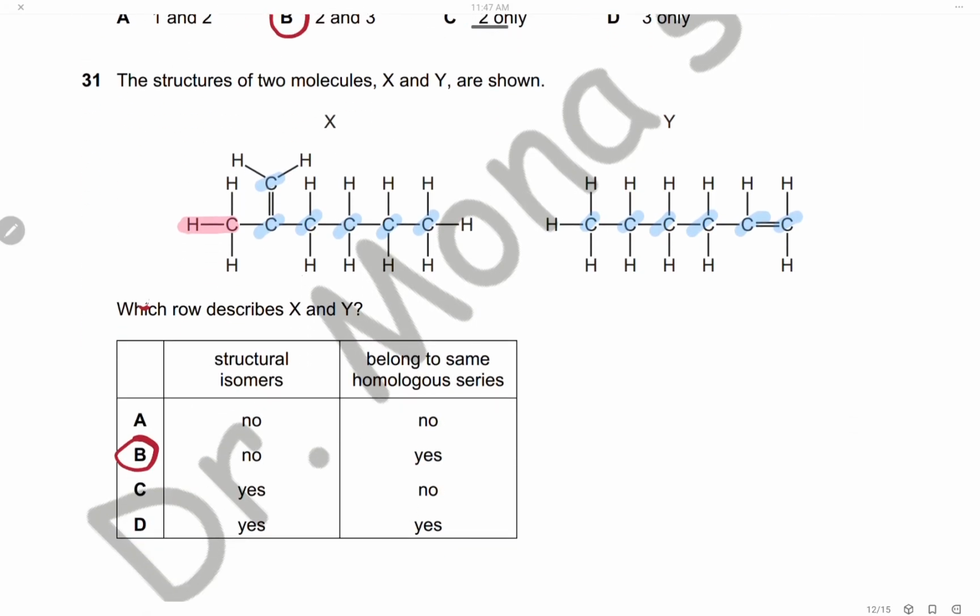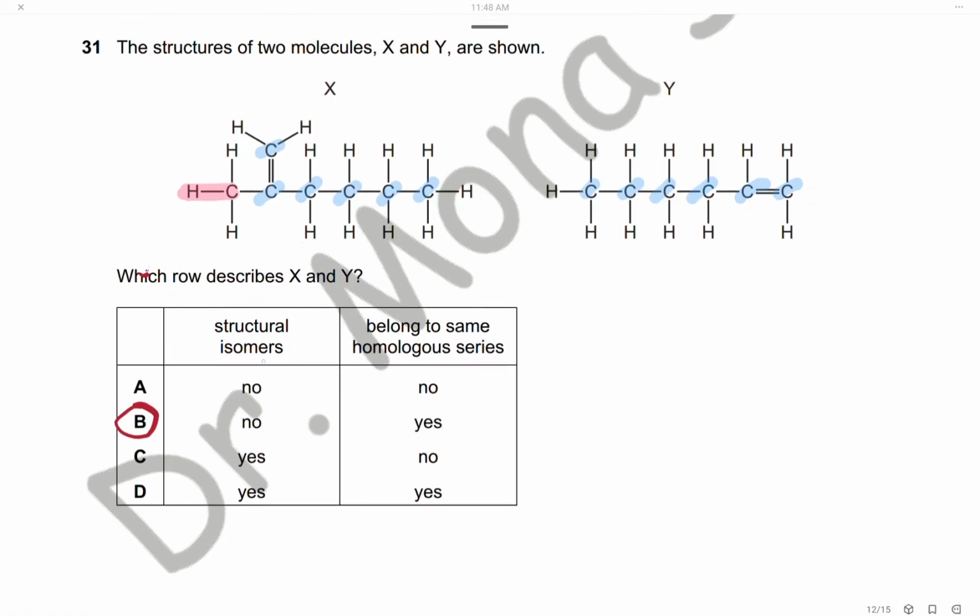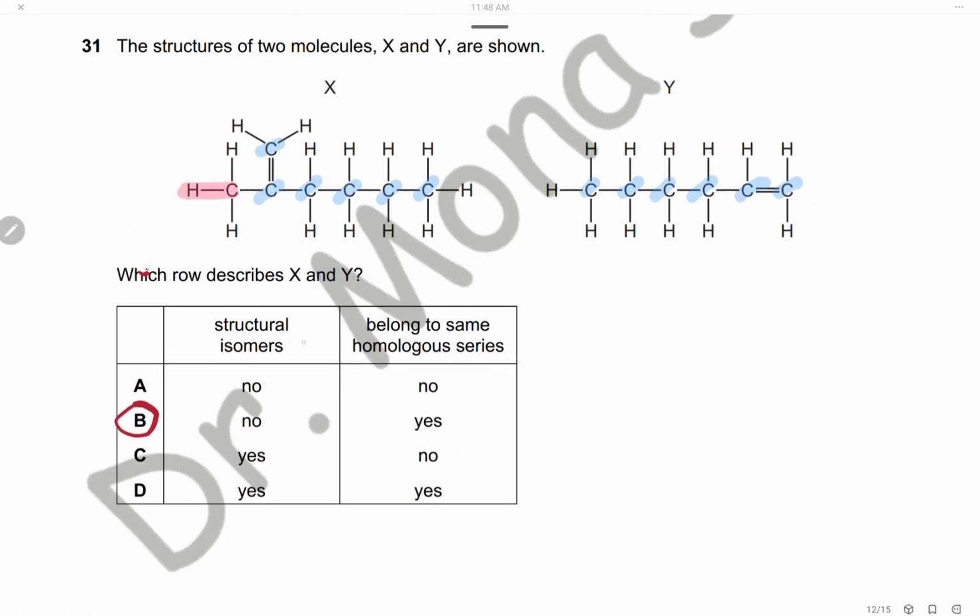Question 31. The structures of two molecules X and Y are shown. Which row describes X and Y? The first column says X and Y are structural isomers, and the second column says they belong to the same homologous series. To check if they are structural isomers, we have to know the molecular formula or count how many carbons are in each structure.